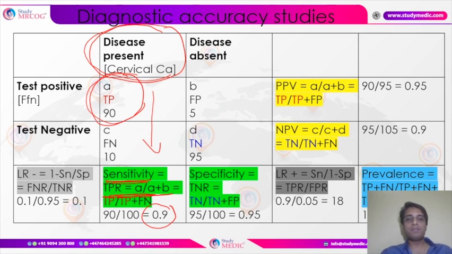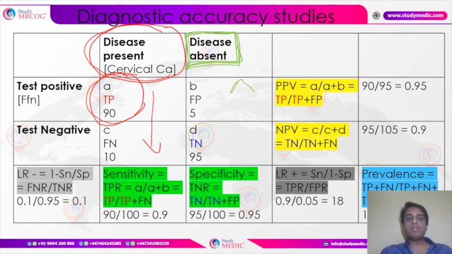It is 90%. Now, what is specificity? Amongst those who do not have the disease, how many are tested negative? It is called specificity, also called true negative rate. It is true negative by true negative plus false positive. Here it is 95%.